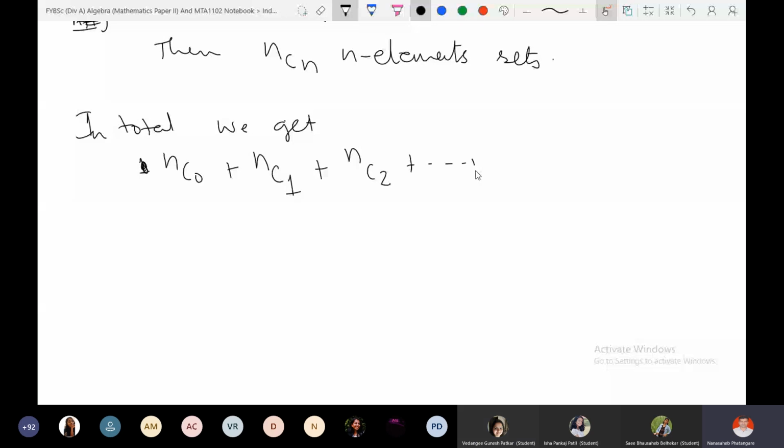So in total we get these many sets, 2 raised to n. And we know that this sum of binomial coefficients is 2 raised to n.